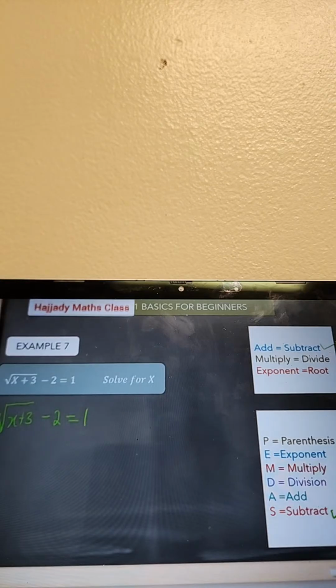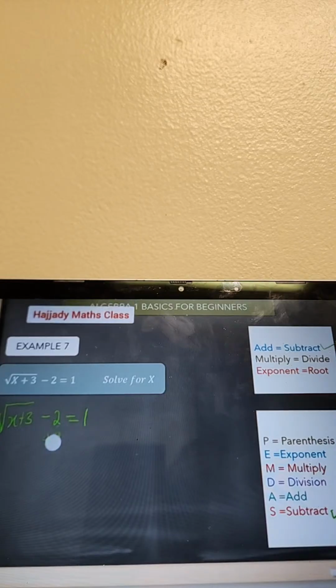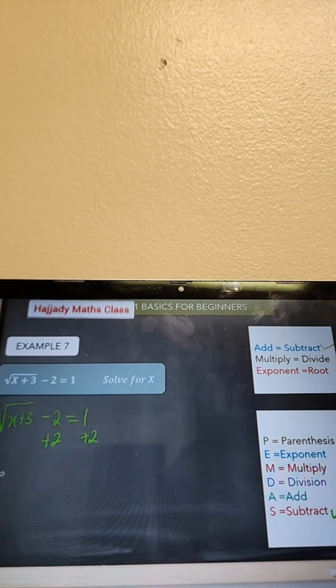Now, introducing the inverse of subtraction, which is plus 2, plus 2. Now we have square root of x plus 3, minus 2 plus 2 cancelled out. 1 plus 2 gives 3.